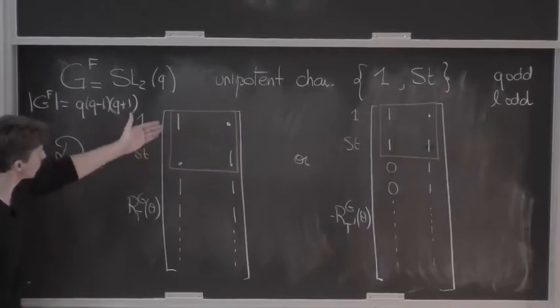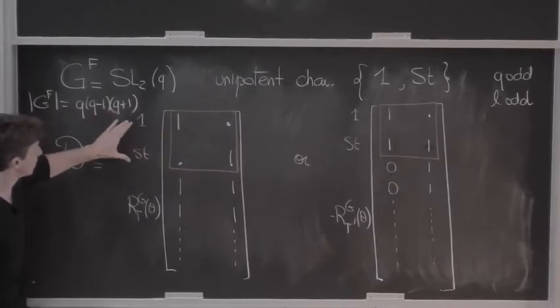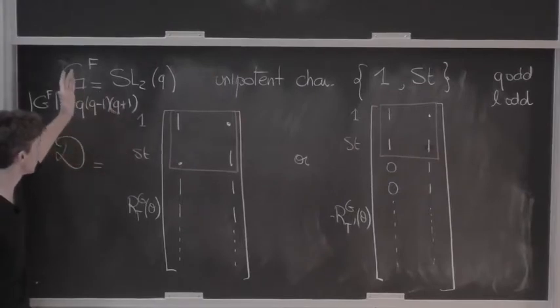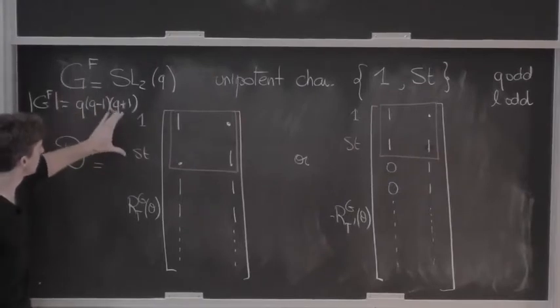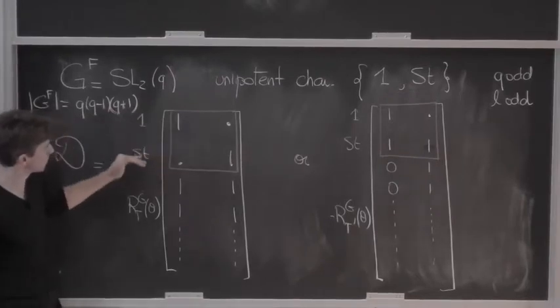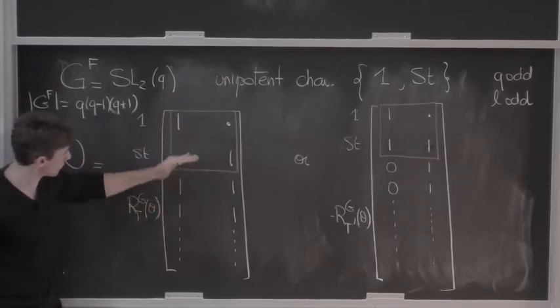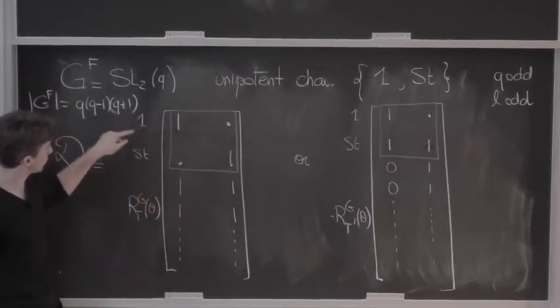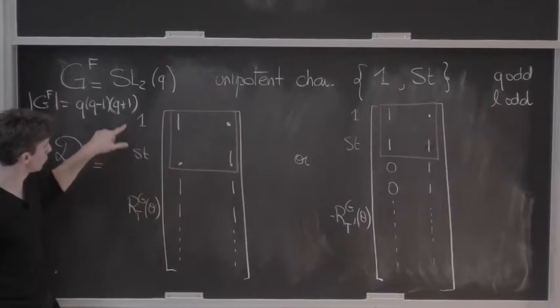So you can see the way that I wrote them. It's implied by the theorem that I stated by Geck and Hiss that you only have to care about the unipotent characters and their decomposition. Everything else can be deduced from the behavior of these two unipotent characters.